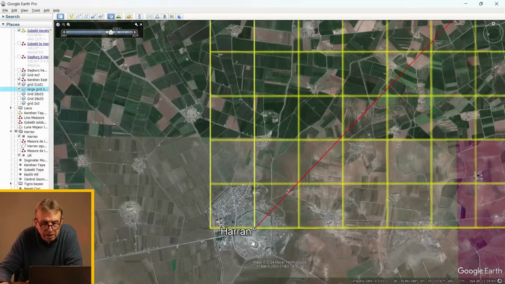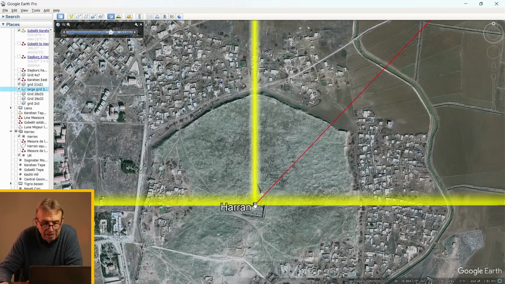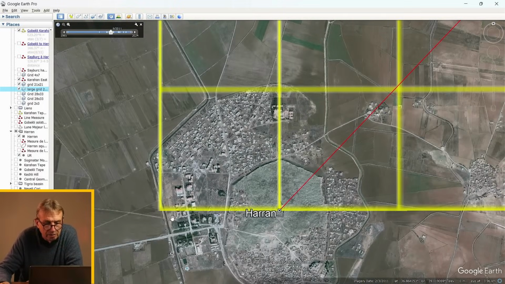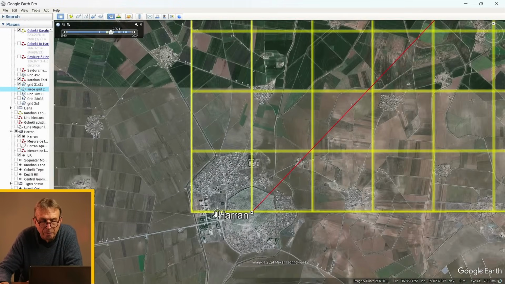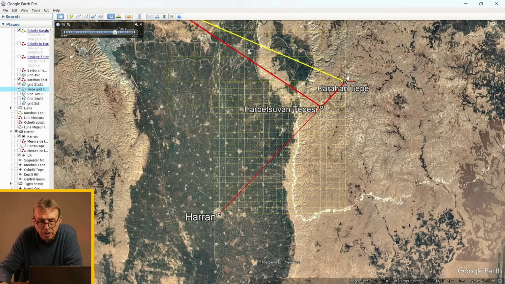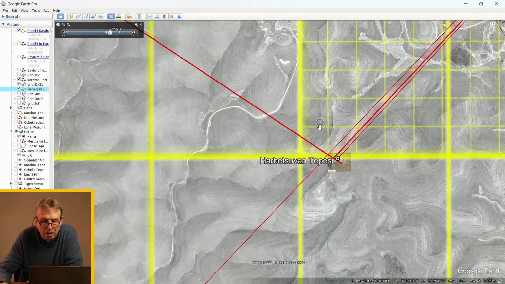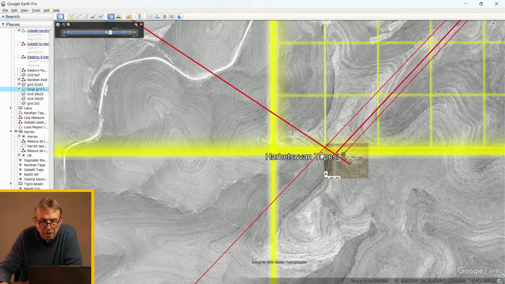So we can see here that the center of the square is exactly at the corner here. That's the corner 21. So here we have 21 minus 1 square, 20. And 21 squares up here. Okay. And we can see how Harbetsuvan Tepesi is placed here in respect to that.